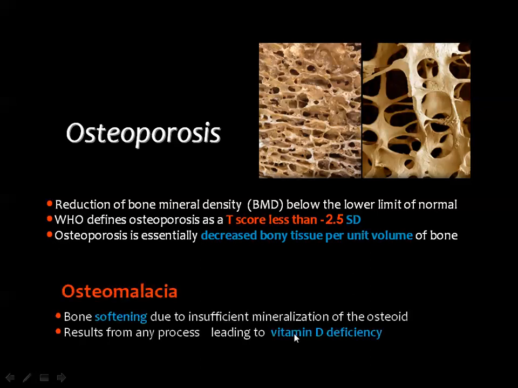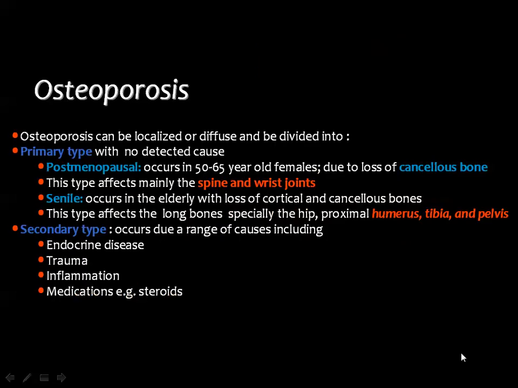This is quite different from osteomalacia, which means that there is bone softening, meaning that there is not enough calcium in the bone, and this is on the basis of vitamin D deficiency. Vitamin D deficiency will lead to osteomalacia, while decreased serum calcium may lead to osteoporosis.